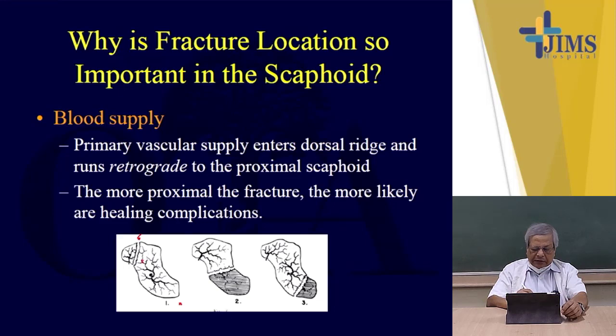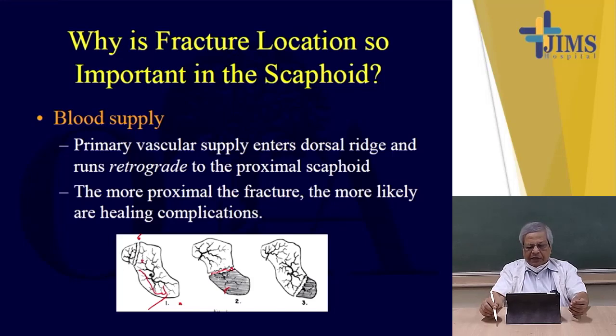Starts here, then runs retrograde this way. So the more proximal the fracture, either here or here, the more likely there are to be complications for healing.